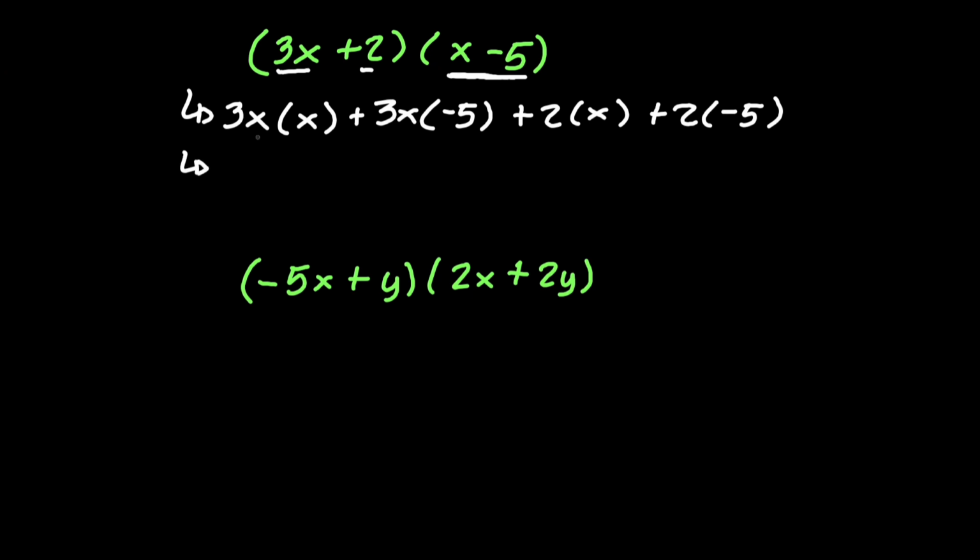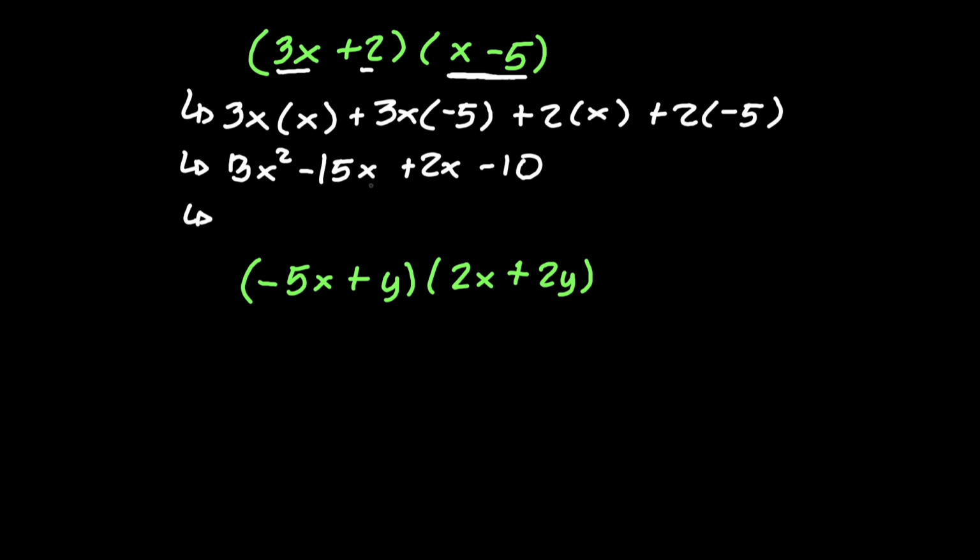Simplify this. 3x multiplied by x would be 3x squared. 3x multiplied by negative 5 would be negative 15x. Plus 2 multiplied by x would be 2x. And 2 multiplied by negative 5 would be negative 10.